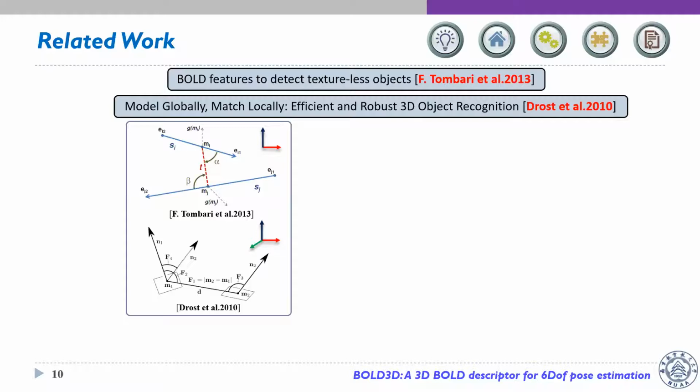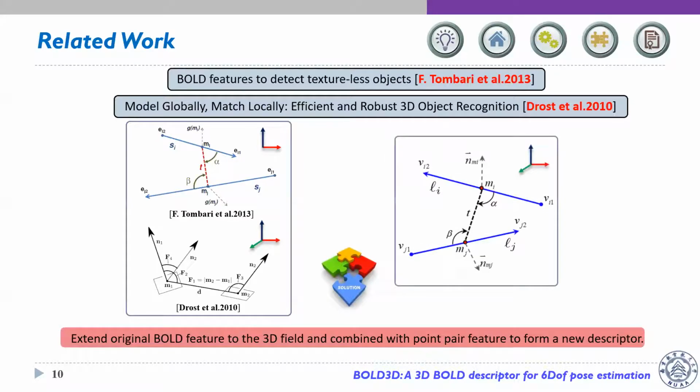The latter literature proposed the popular point pair feature combined with a voting scheme to achieve an efficient, stable, and accurate method to find freeform 3D objects in point clouds. However, it's not satisfactory to apply it directly to mechanical parts. Thus, observing that the edge is one of the most important cues for objects, especially for textureless mechanical parts, we propose to extend the original BOLD feature to the 3D field and combine it with the point pair feature to form a new descriptor.